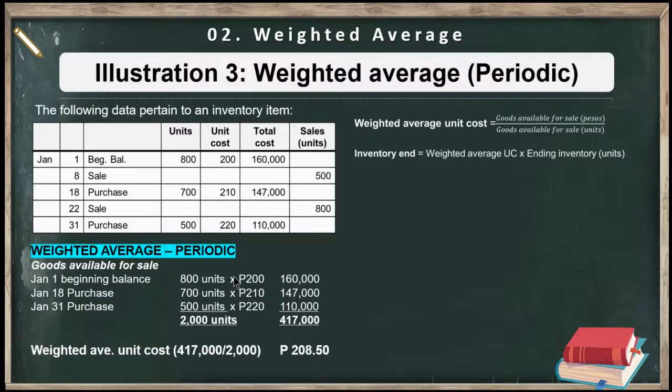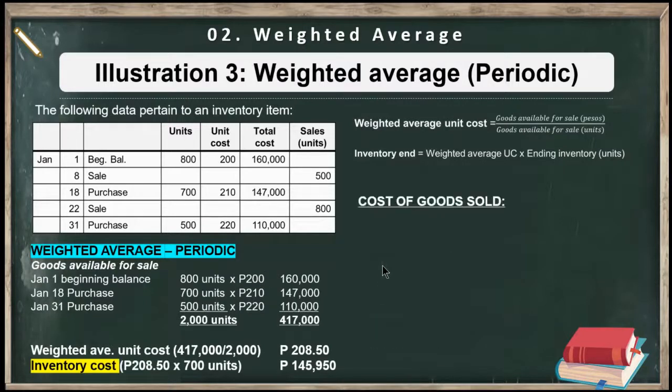So, therefore, the inventory end would be 208.50 times the 700 units, katong inventory end that we computed earlier, which is 2,000 minus 1,300. So the inventory end, or the inventory cost, is 145,950.